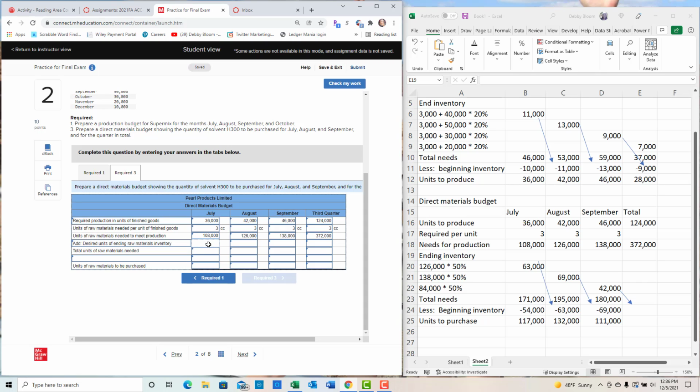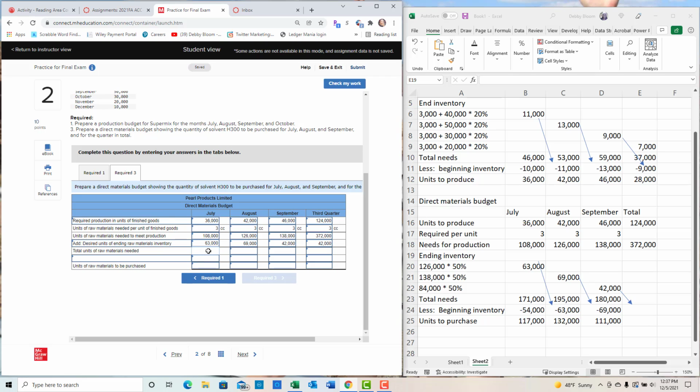We've calculated all of those numbers, 63,000, 69,000, and 42,000. Now for the quarter, we don't add the 3 for the ending inventory. The ending inventory as of the third quarter would be the ending inventory as of the end of the third quarter. Ending inventory for September, 42,000.